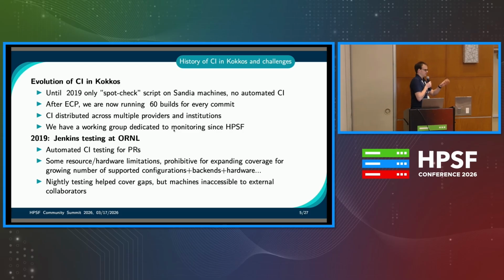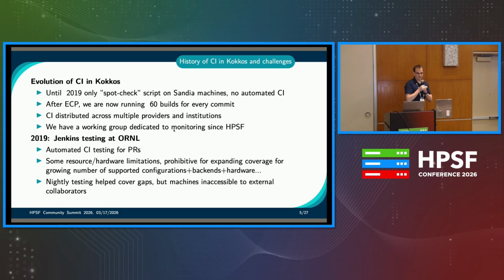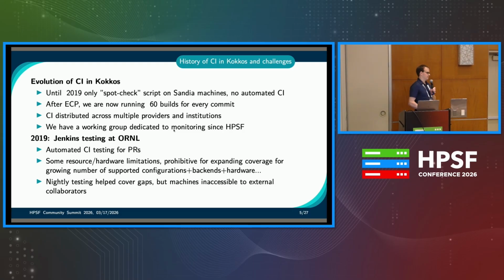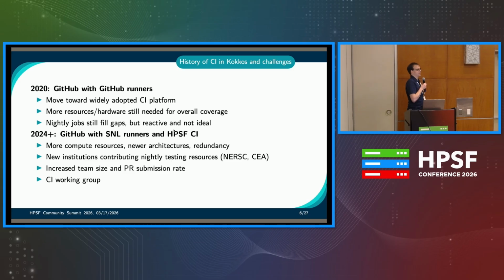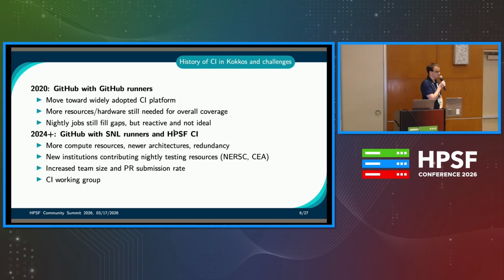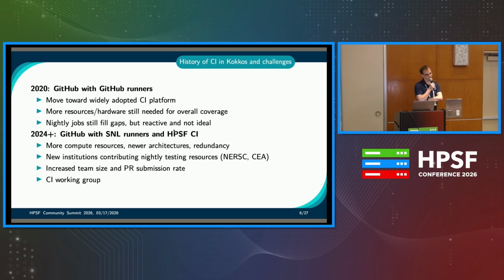We started out in 2019, adding some Jenkins testing at ORNL, which was good, but with limited resources. In 2020, we moved then to GitHub with GitHub runners to support some more of the host architectures, more nightly tests.